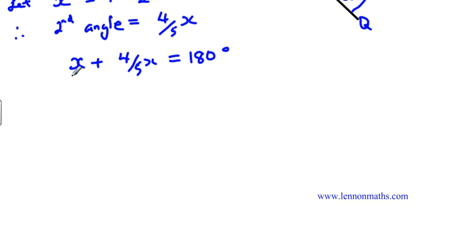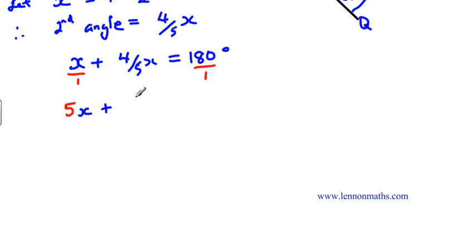And so what I usually do is look for all of the denominators. I know this is over 1, this is over 1, and the LCM of 1, 5 and 1, we know it's 5. So we're going to multiply each term by that LCM. So it's going to be 5 multiplied by x. That'll give me 5x.